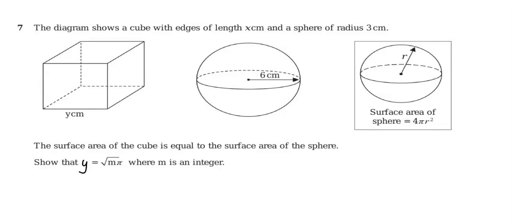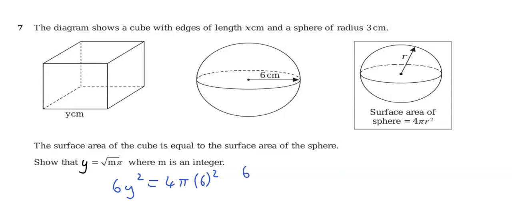And so in this case, I beg your pardon, we're concerned with surface area. The surface area of the cube is equal to the surface area of the sphere. So the surface area of the cube, which is 6 squares, each of edge y. So 6y squared is the surface area of the cube. The surface area of the sphere is 4 pi r squared, which is 4 pi times 6 squared. And I have to work out y in terms of m and pi.